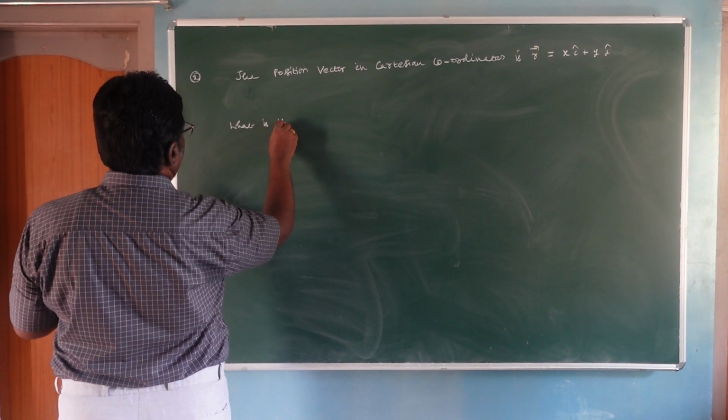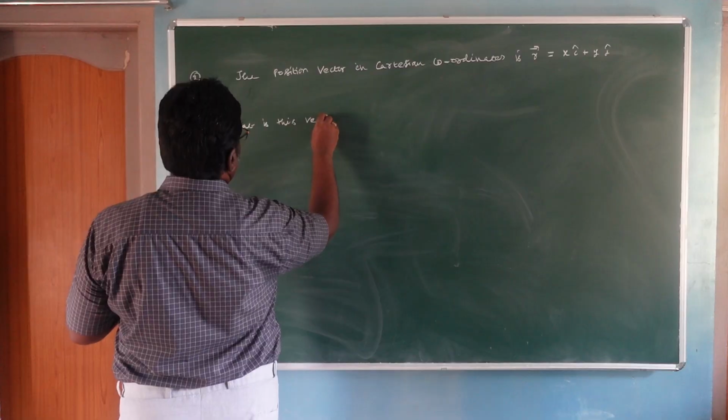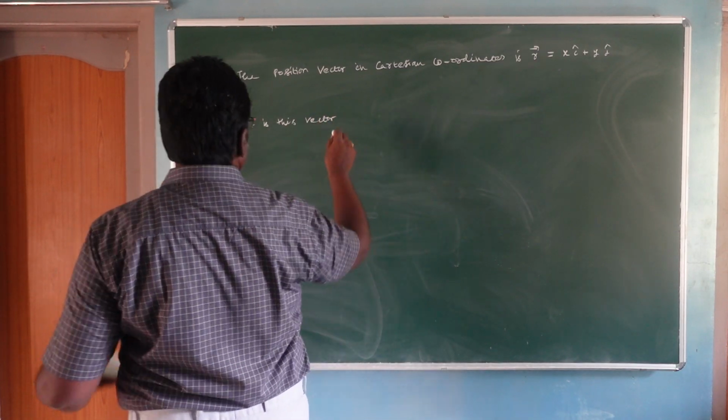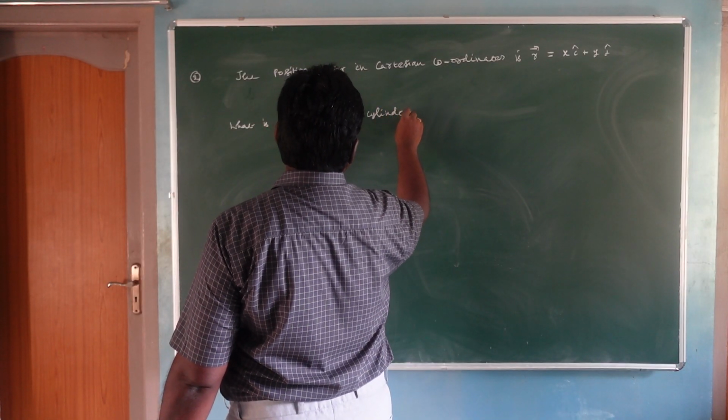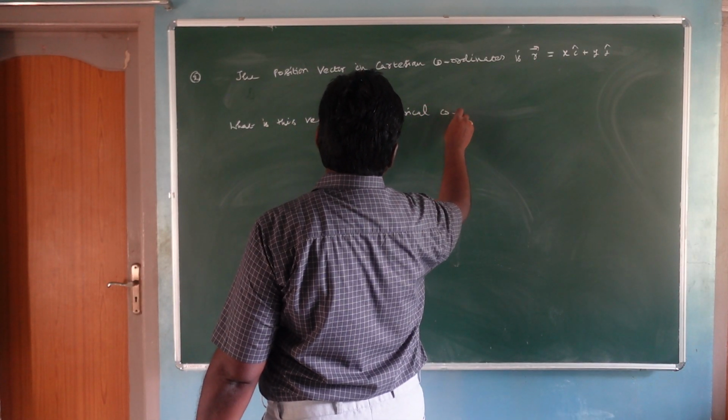What is this vector in cylindrical coordinates?